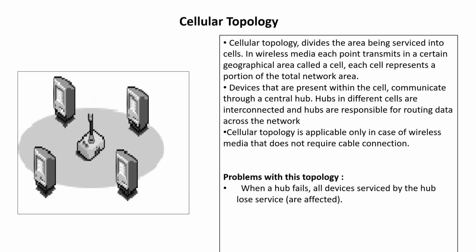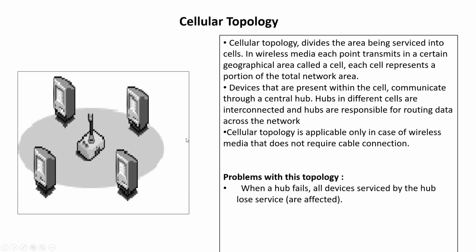It means we are dividing a portion of the total network area as one single cell, and in that cell there is one central hub which takes care of communication between the different devices, and these hubs are interconnected to the different cells. Imagine this is one of the cells. The same structure we can use here for another cell in another geographical location, and we can connect this hub with that to form the cellular topology.